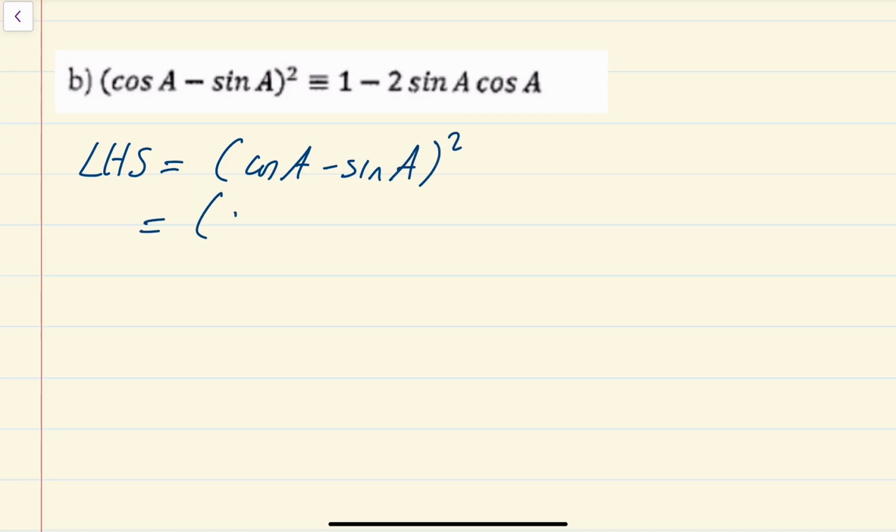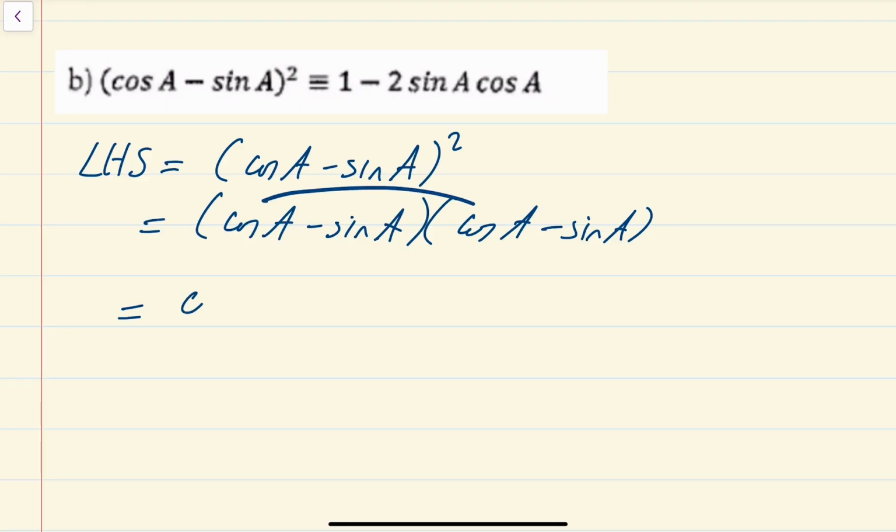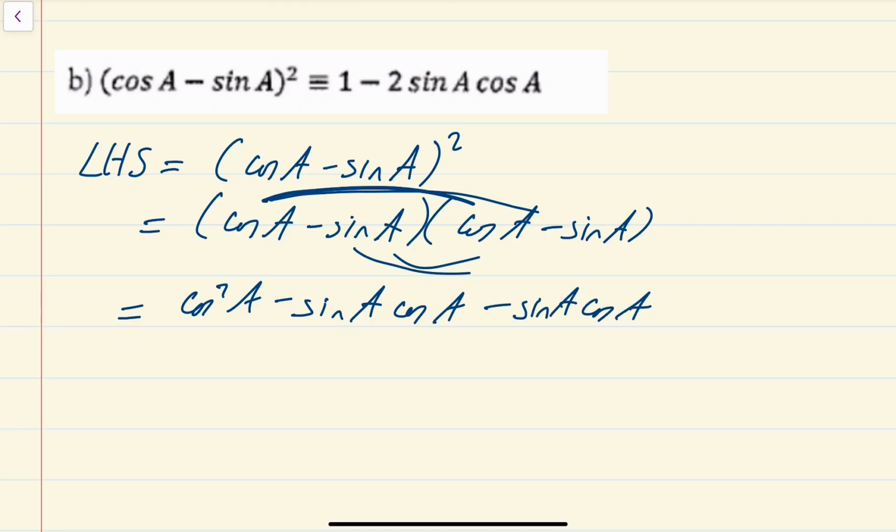So let's just write that out as cos of a minus sine of a, times cos of a minus sine of a, and it is just multiplying out the brackets. Cos times cos is cos squared. Cos times the minus sine is minus sine a times cos a. Then you've got minus sine a times cos a, so minus sine a cos a, and minus sine times minus sine will be plus sine squared a.